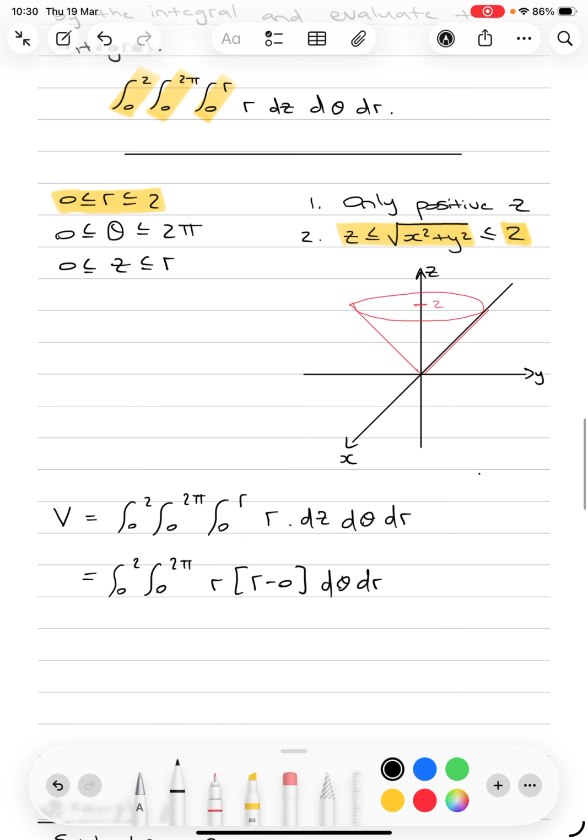Then we go to theta next. So that means r squared has a theta added to it, and subbing in the limits takes me there.